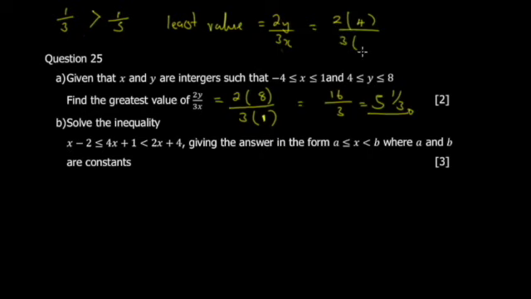Here we want a value which is as small as possible again, such that if you want least value, that means the denominator should be as small as possible, or it can be negative. So the smallest negative number here would be -1.